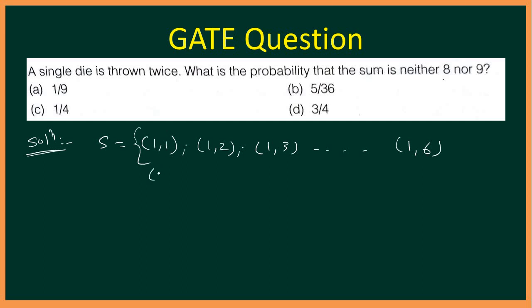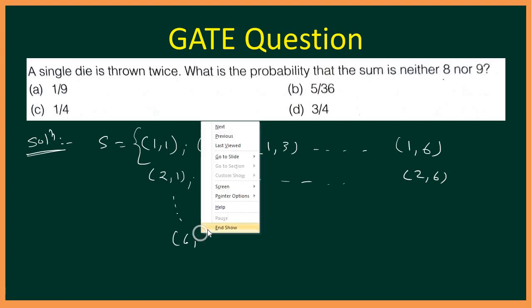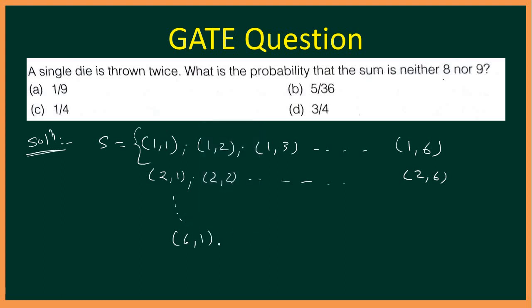Similarly, we write 2 in the first time and 1 in the second time, 2 in the first time and 2 in the second time, up to 2 in the first time and 6 in the second time. Similarly, 6 in the first time and 1 in the second time, 6 and 2, up to 6 in the first time and 6 in the second time.